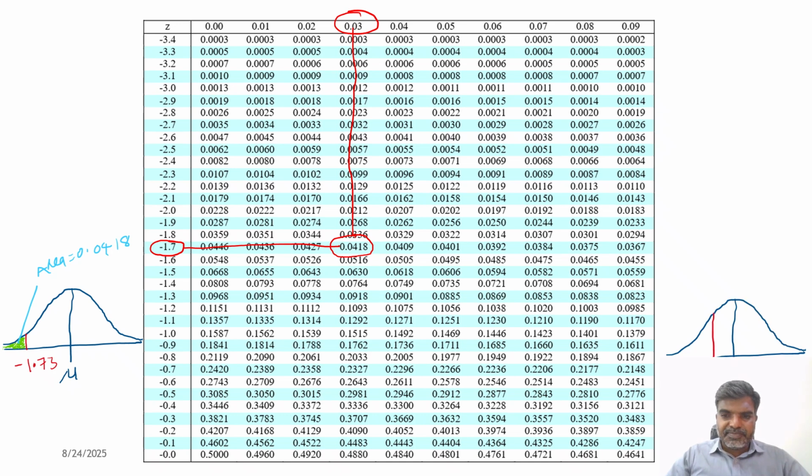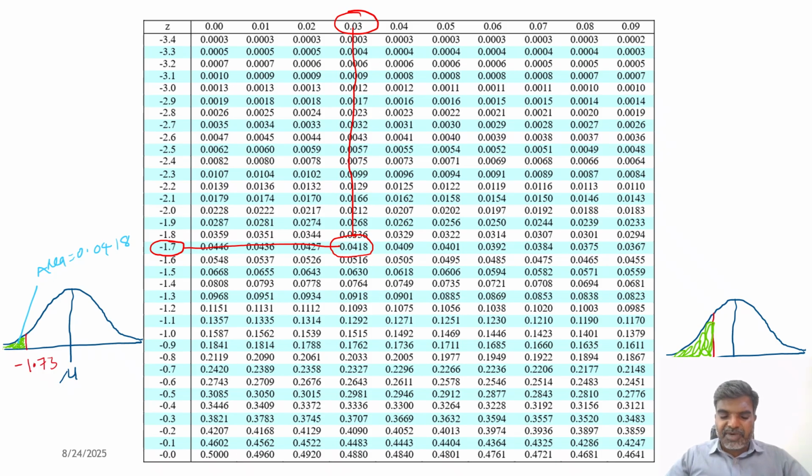Now, suppose z equals minus 0.81. Again, minus 0.81 means z is negative, so you have to mark left of the mean. Now from the table we can find the area of the left side region of that z value. You can see the green color.